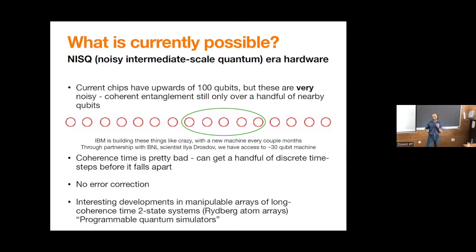You don't need to go to your experimentalists and tell them to build a whole new thing. You just say, this is the geometry I want. They steer all the atoms around for you and put them in the configuration that is best for your model of interest. And these are kind of cool. I'll say some words about them at the end.